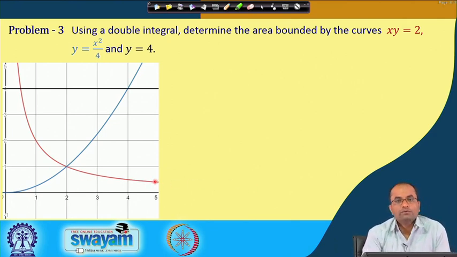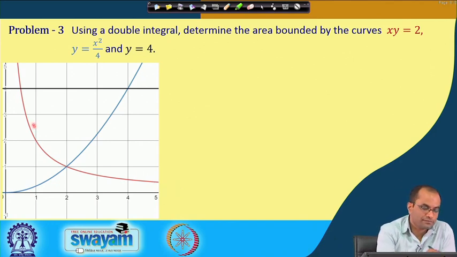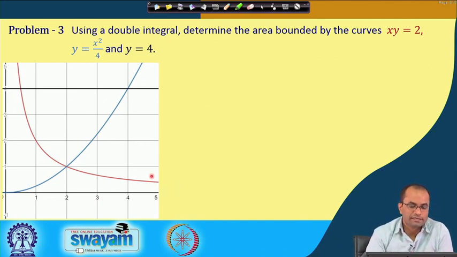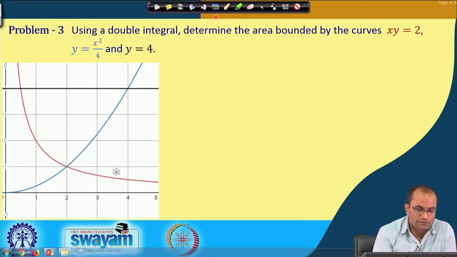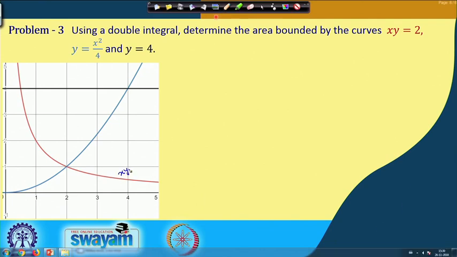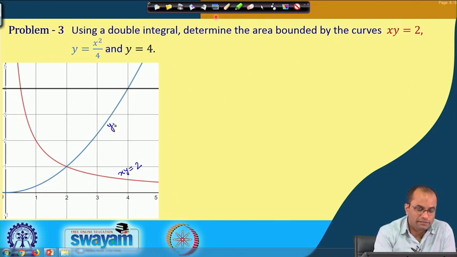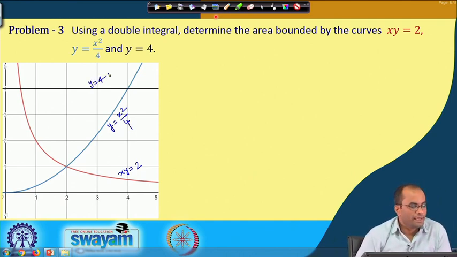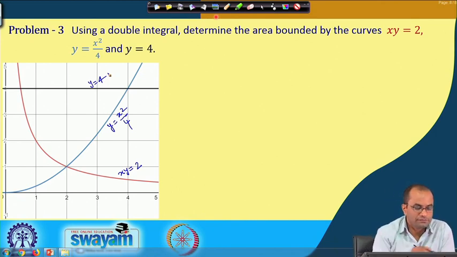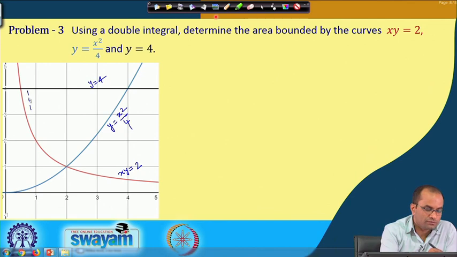So, we have this curve here, x y is equal to 2, and then we have here y is equal to x square by 4, and this straight line is y is equal to 4. So, the area bounded by these three curves will be precisely this one here.